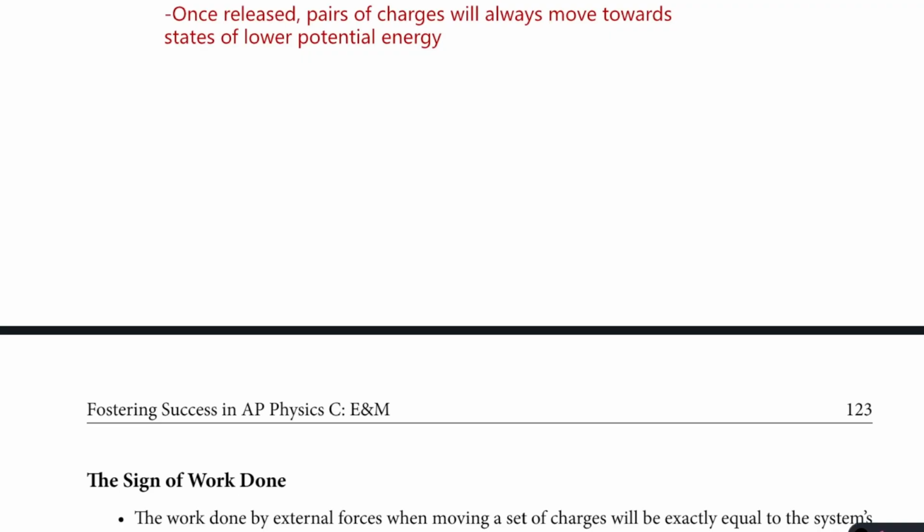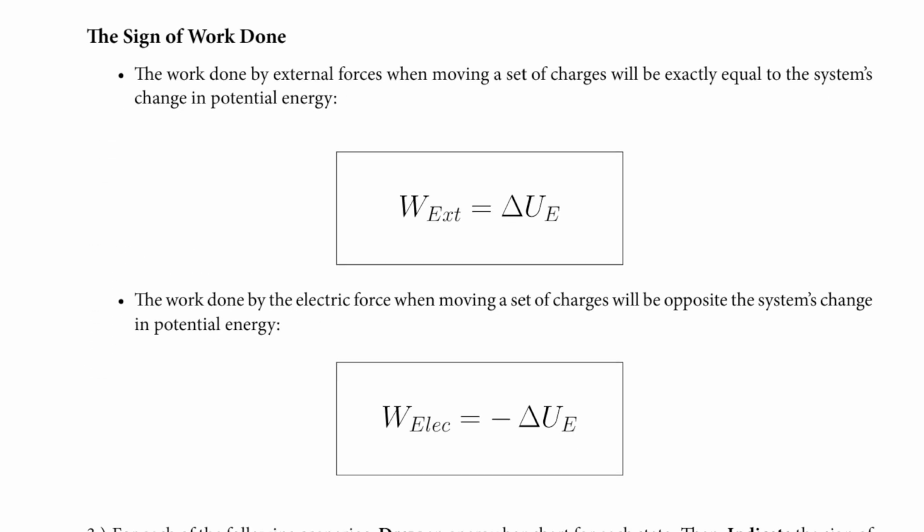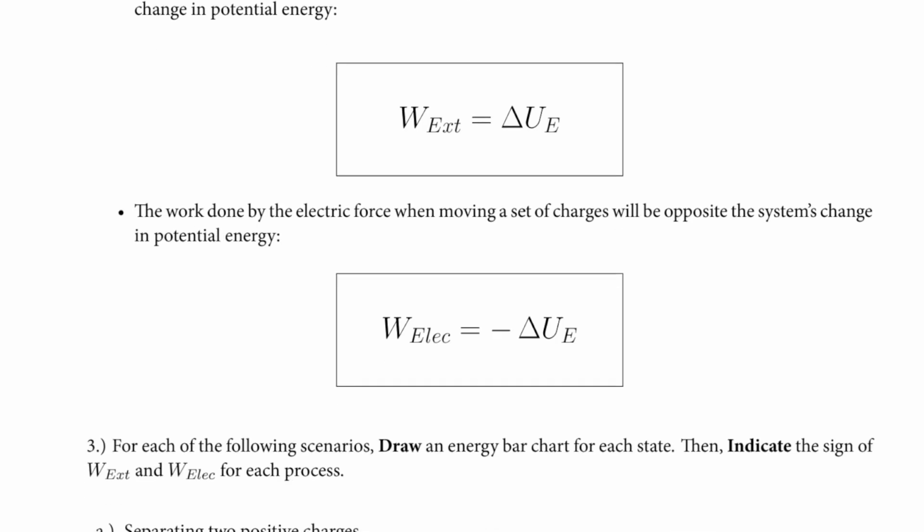Now let's talk about some signs. By definition, work can be thought of as the net change in energy of a system. And in our cases, we're always going to be changing these systems while the charges are at rest. So any change in energy is going to manifest itself in the potential form between the charges. And we could also look at the work done internally by the electric force, which will always be opposite of the work done by the external forces.